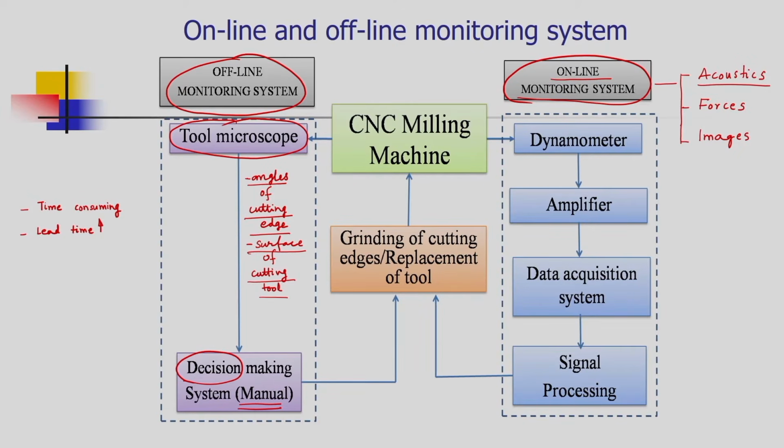If the sound of the cutting operation is normal, it is standard, then we can say that the cutting edges are intact, they are fine. If an unusual sound occurs, then we can say that there is some problem, either with the tool or with the workpiece. Accordingly, the operator or the machine control unit itself will take the decision.